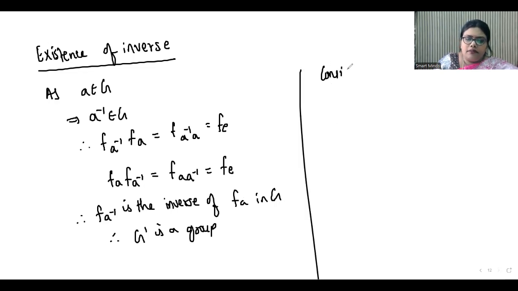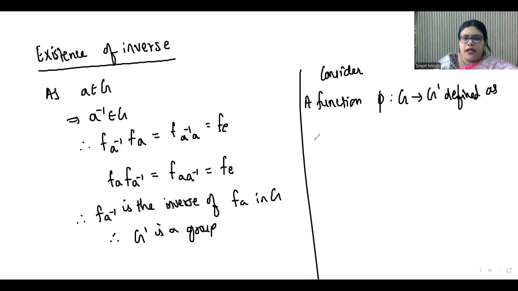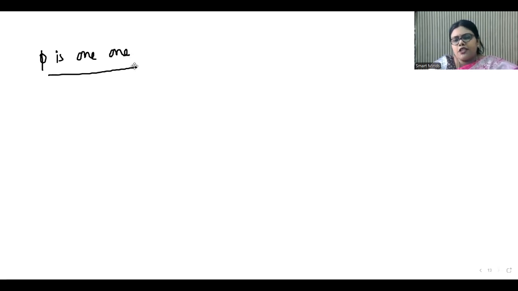Now consider a function phi maps G to G dash defined as phi of A is equal to FA for all A belongs to G. To show that it is isomorphism, we should show that phi is 1-1, phi is onto, phi is homomorphism.